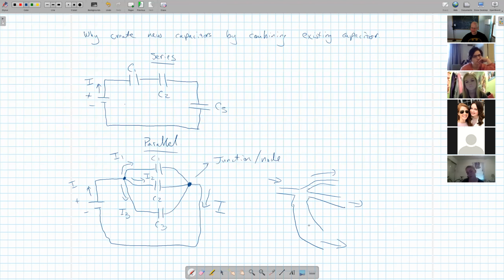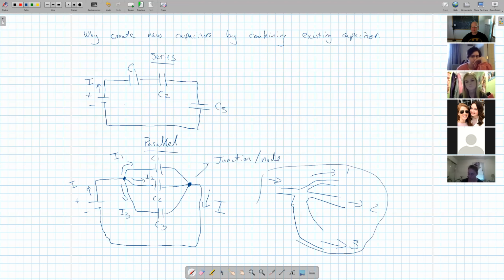The bigger the cross-sectional size, say this one, let's call these 3, 2, and 1, more water is going to run through hose 3 because it has the least amount of resistance. It can go through it the easiest. Then the second most water is going to go through 2 because that has a bigger cross-sectional area than 1, and only a little bit is going to go through 1.